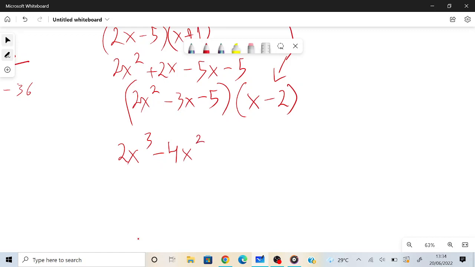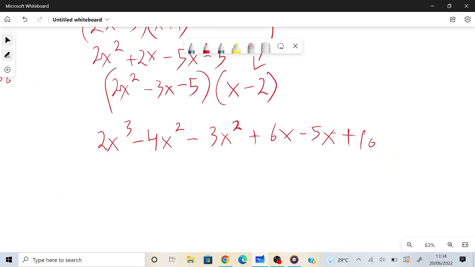Minus 3x into x, that's minus 3x squared. Minus 3x into minus 2, that's plus 6x. Minus 5 into x, that's minus 5x. And minus 5 into minus 2, that's plus 10, because there are two minuses. You need to make sure you work well with that.